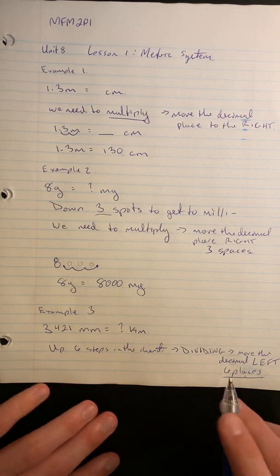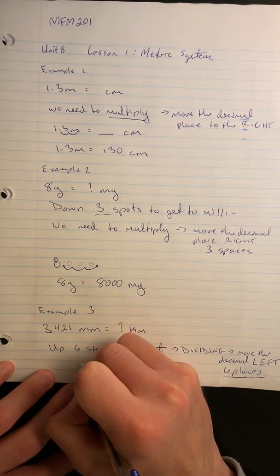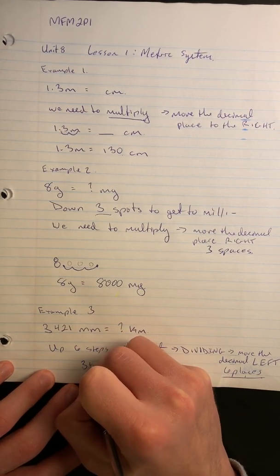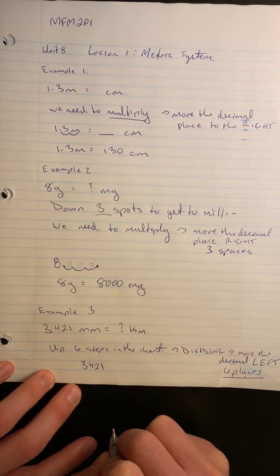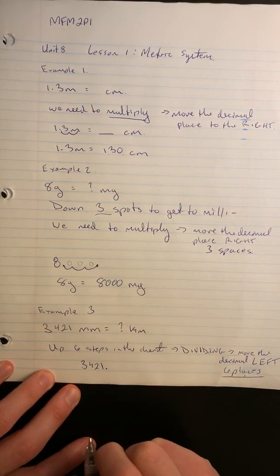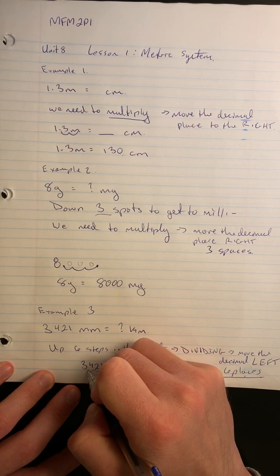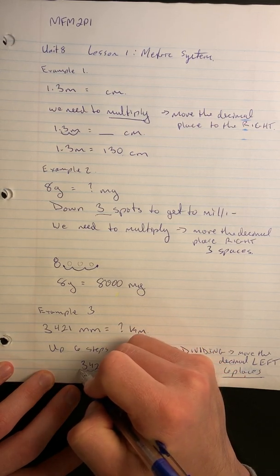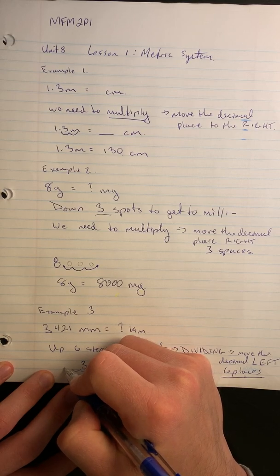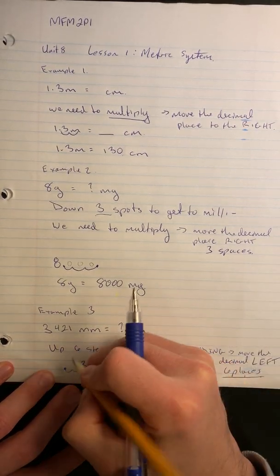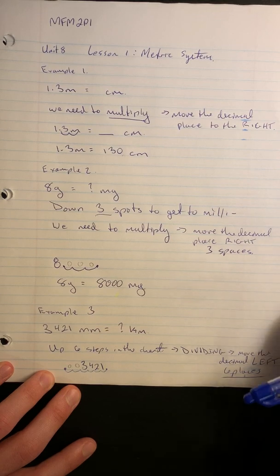Okay? So I'm going to begin by writing this number down. 3,421. And the decimal's right here. So I've got to move it left 6 places. 1, 2, 3, 4, 5, 6. And it goes there. And that means I'm going to have these 2 new zeros that appear.